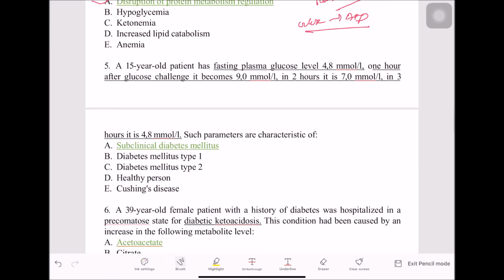The fifth one: a 15-year-old patient has a fasting glucose level of 4.8, and 1 hour later the glucose is 9, which is increased, at 2 hours it is 7, and at 3 hours it is 4.8.